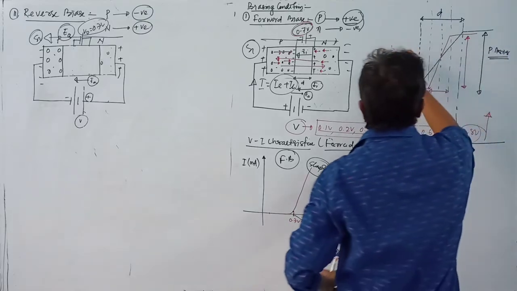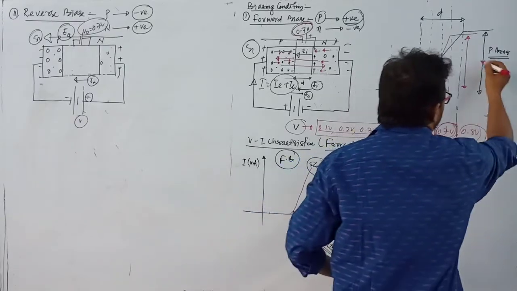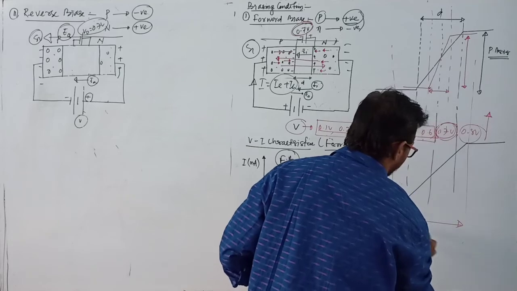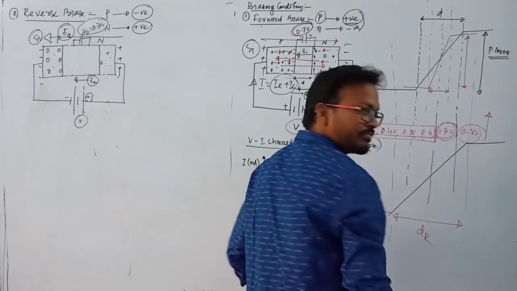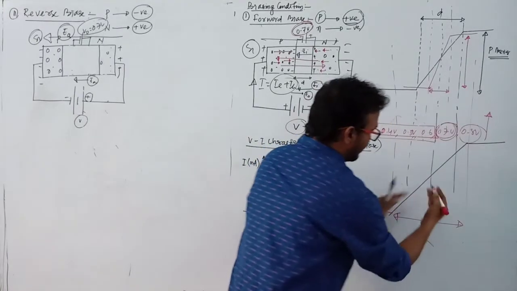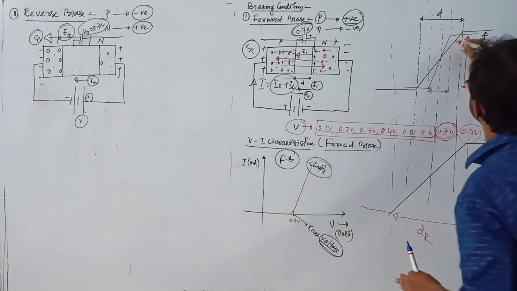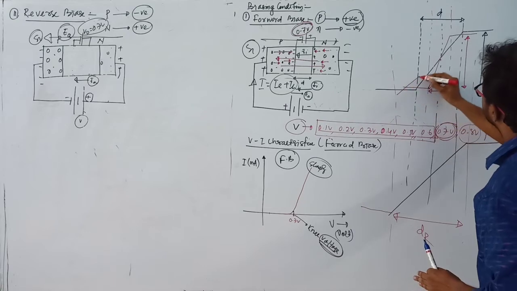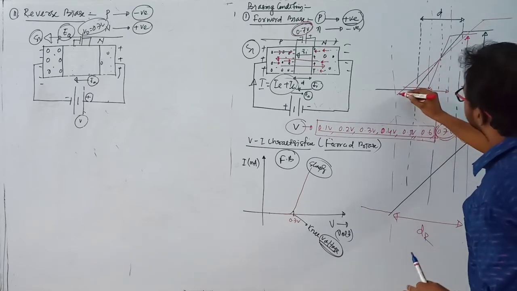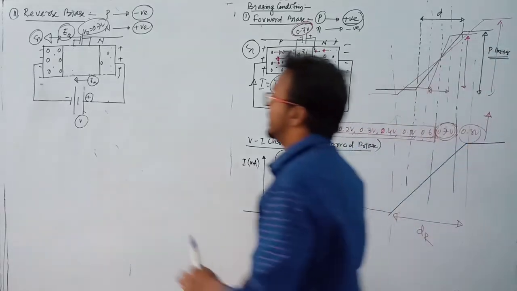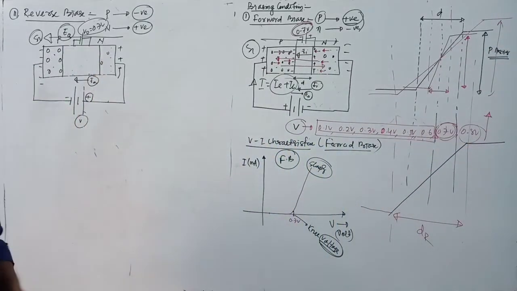This is the maximum you can say here. Clear? This is the depletion region for reverse bias. Clear? Now the depletion region increases, and if you draw the diagram here, you will get a diagram like this. Means depletion layer increases, and the potential barrier also increases. This barrier also increases.